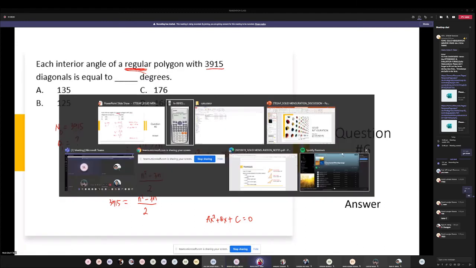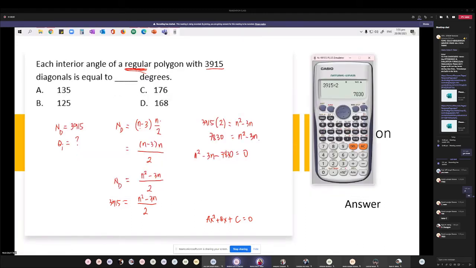So we can use the equation mode of our calculator. You look for the equation mode. For this FX991ES, you press the mode button once, and then we have number 5 for EQN. EQN, equation, that's equation mode. It can solve an equation.